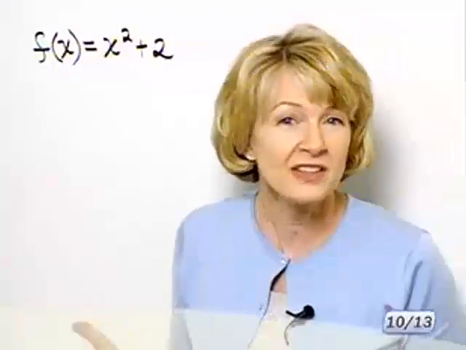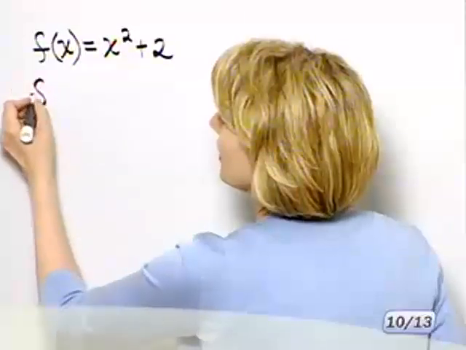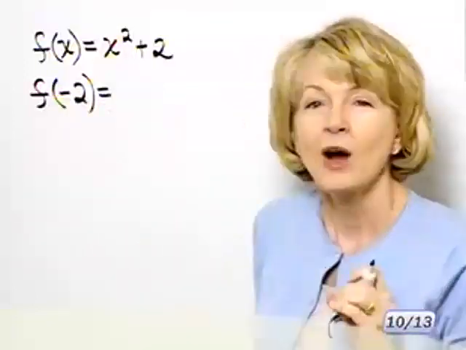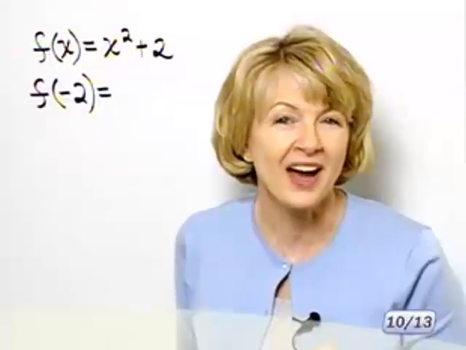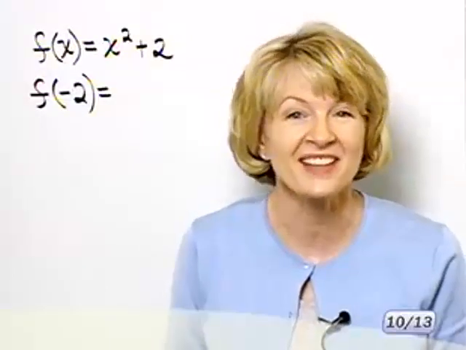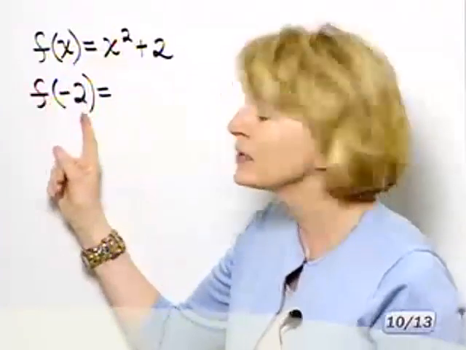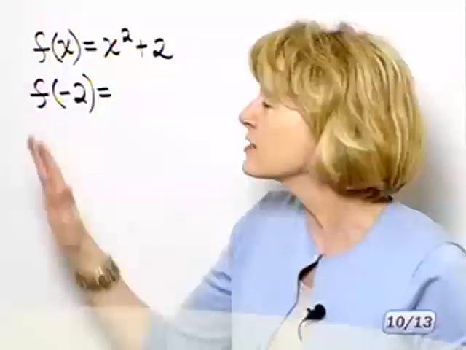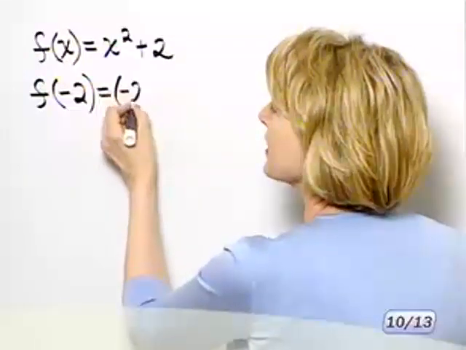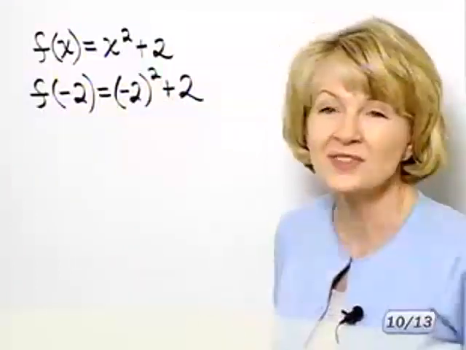In other words, given this function notation, let's suppose we want to find f of -2. Now, how might you think we'd find f of -2? And what does f of -2 mean? Notice x is replaced with -2. So throughout, instead of x, I replace x with that replacement value, -2.